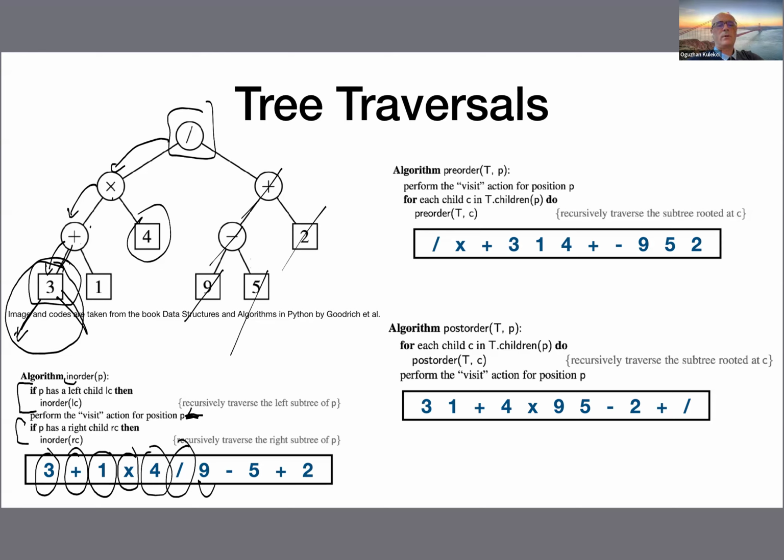Okay, so this will be those things. But remember, in-order traversal can only be done if this is a binary tree. On the other hand, pre-order and post-order traversals are all valid on general trees.